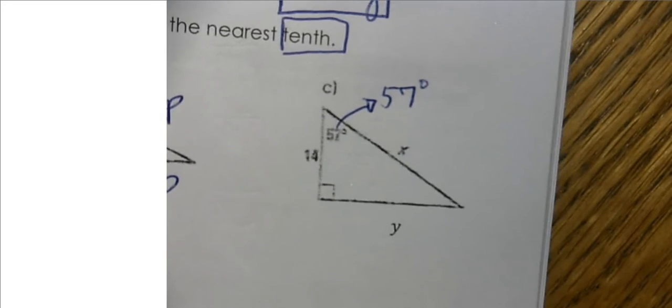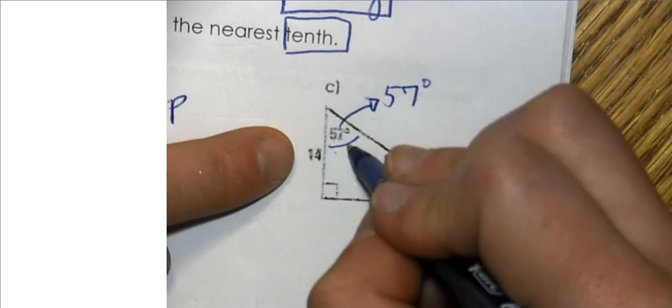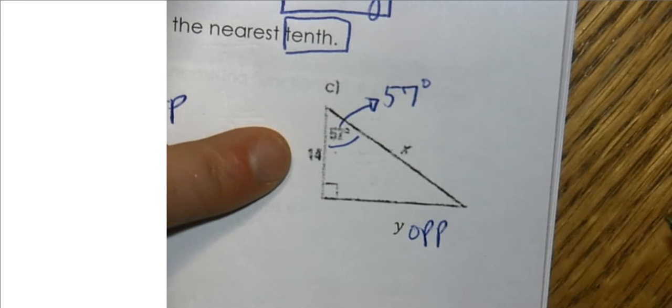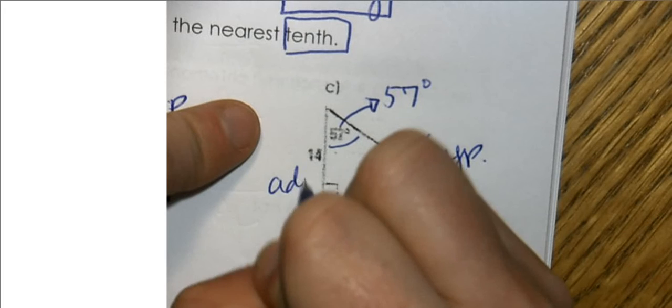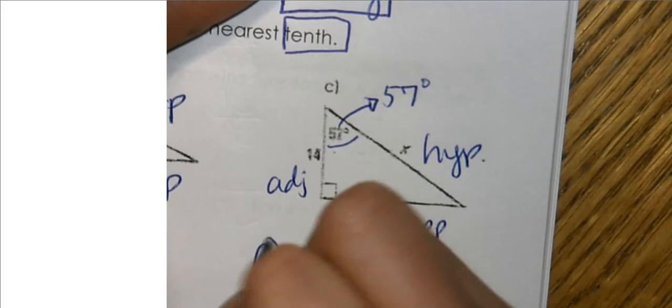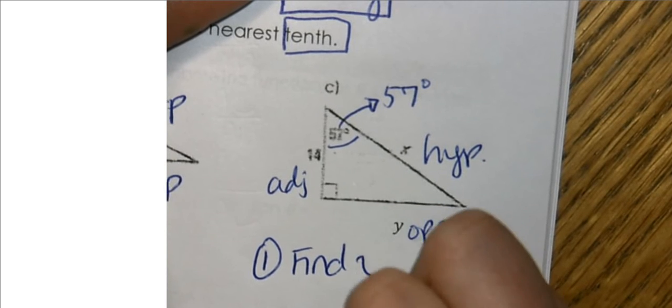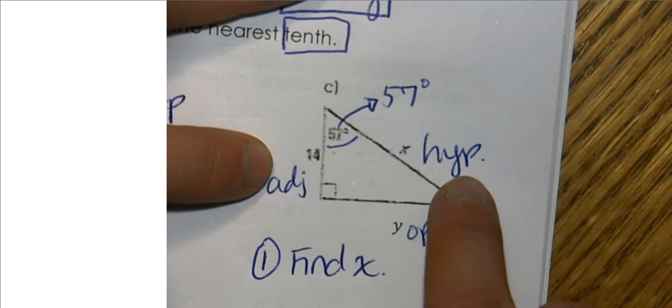So let's go ahead and look at letter C. For letter C, with respect to 57 degrees, I know that y is the opposite, x is the hypotenuse, and 14 is the adjacent. So if I want to find x first, I am given the adjacent, and I want to find the hypotenuse.